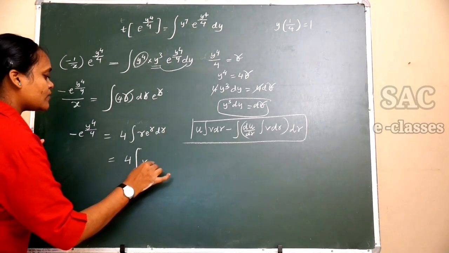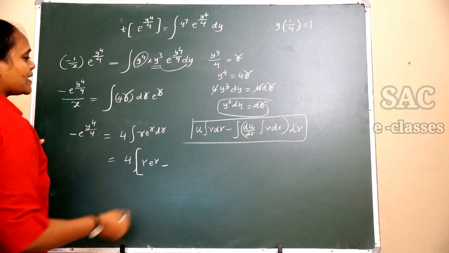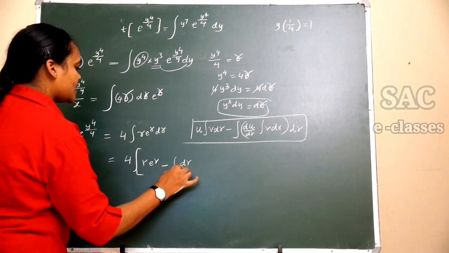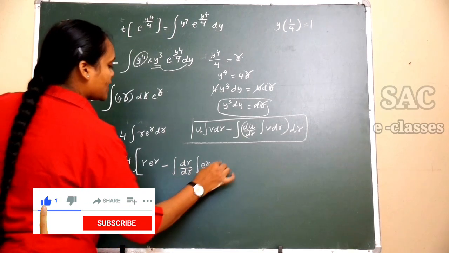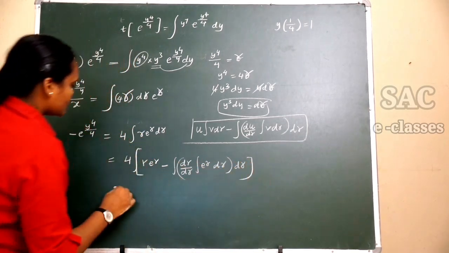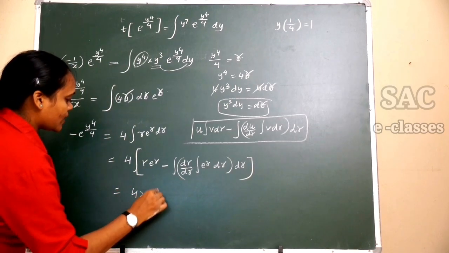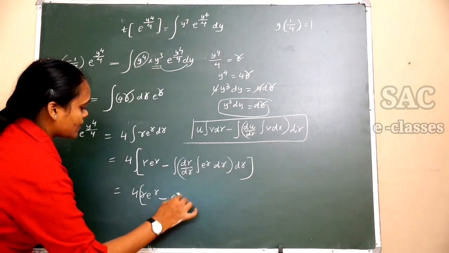So r into e power r, since the integration of e power r is e power r, minus dr by dr times the integration of e power r dr. So 4 r e power r minus e power r.